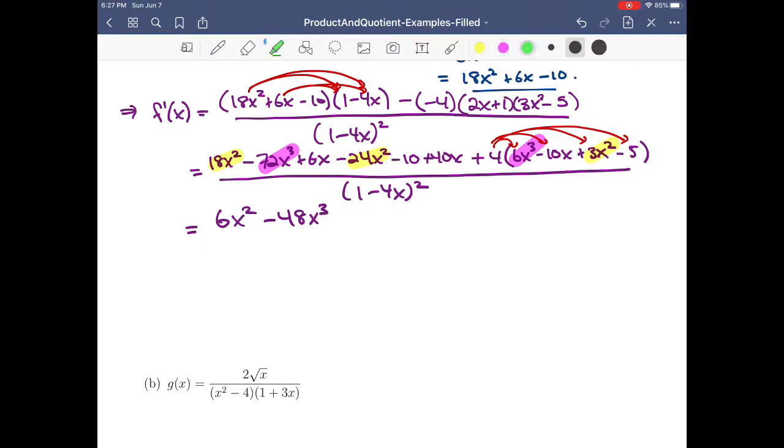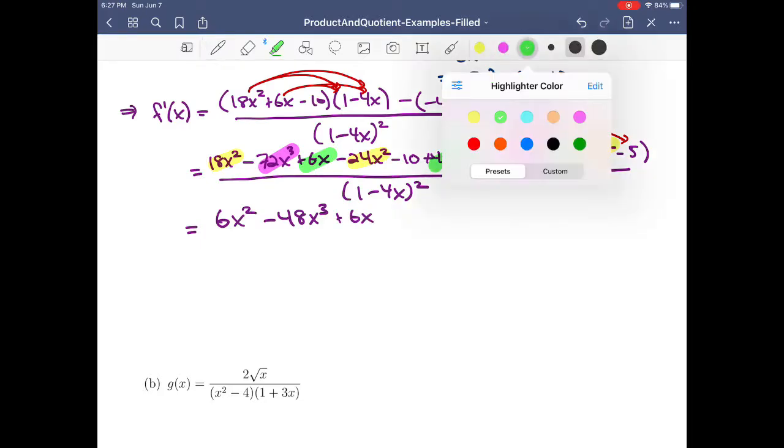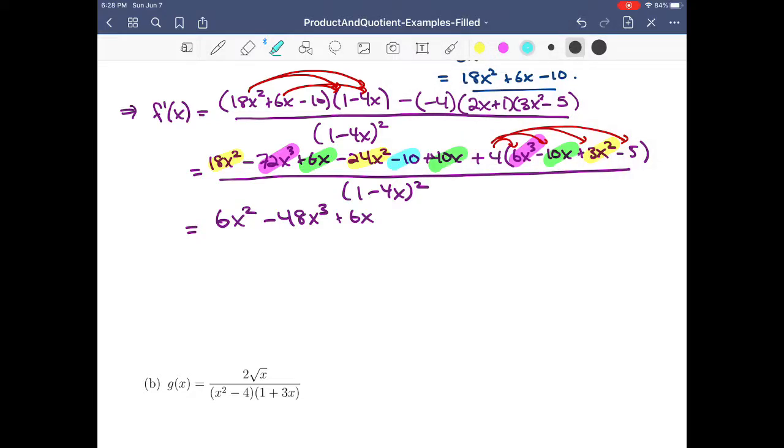Now I have x's in a bunch of spots. So I have 6x plus 40x and then minus 40x. So I actually am going to have plus 6x. And then finally, I have a negative 10, and then the 5 was actually negative 20, so I'm going to get negative 30 there.